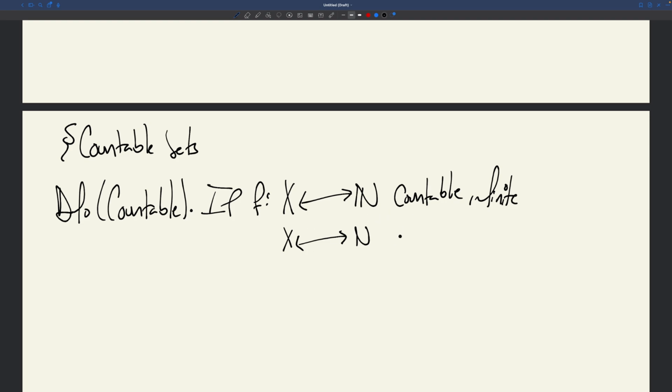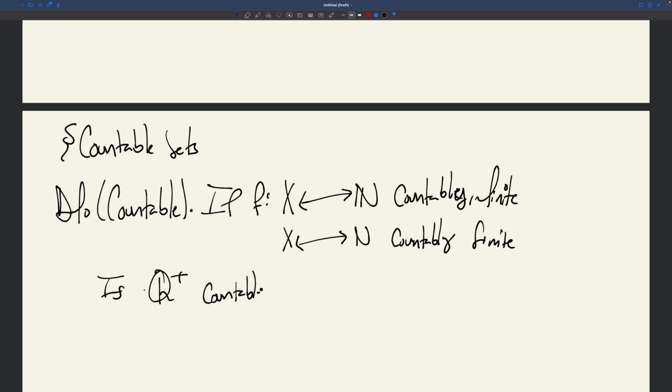So, and then we also have this notion of countably finite. All right, and then we have this question of is Q plus, or I guess the non-zeros of Q, countable. And yes, it is.